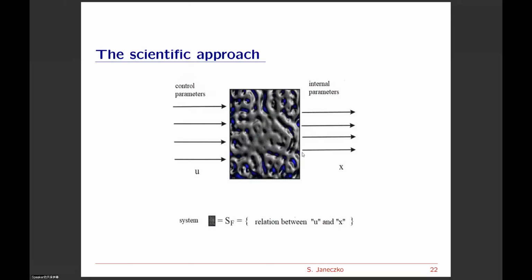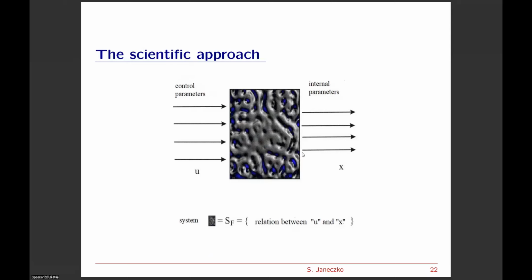Well, we see that there are some parameters, some influence we can have on the system, and then look at the response of the system. So there are parameters of the response, which we call internal parameters, and the parameters of influence.